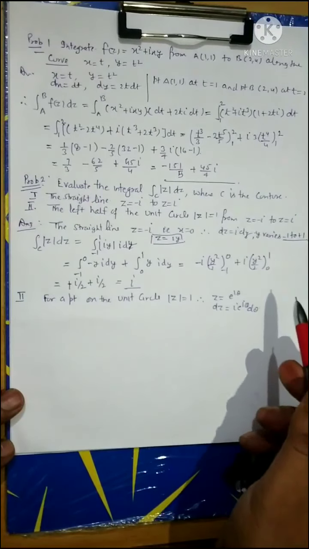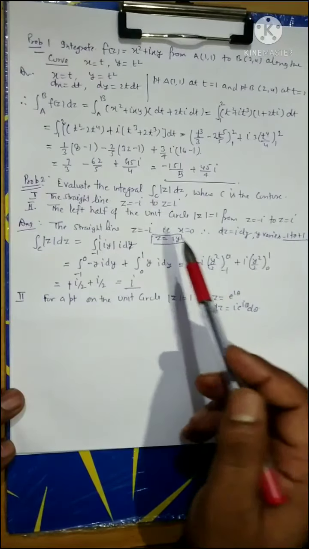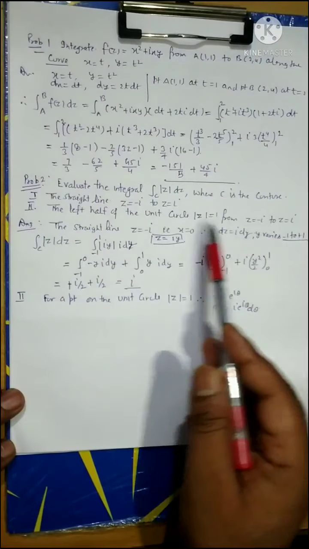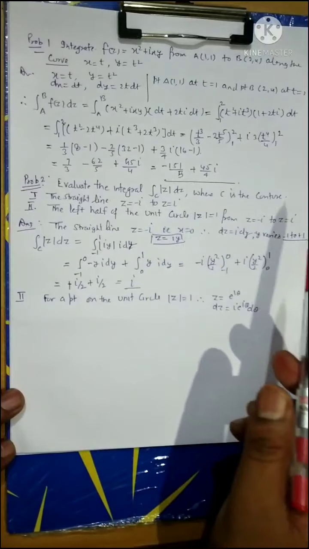But here we are taking only −i to +i, that is the left half of the unit circle.